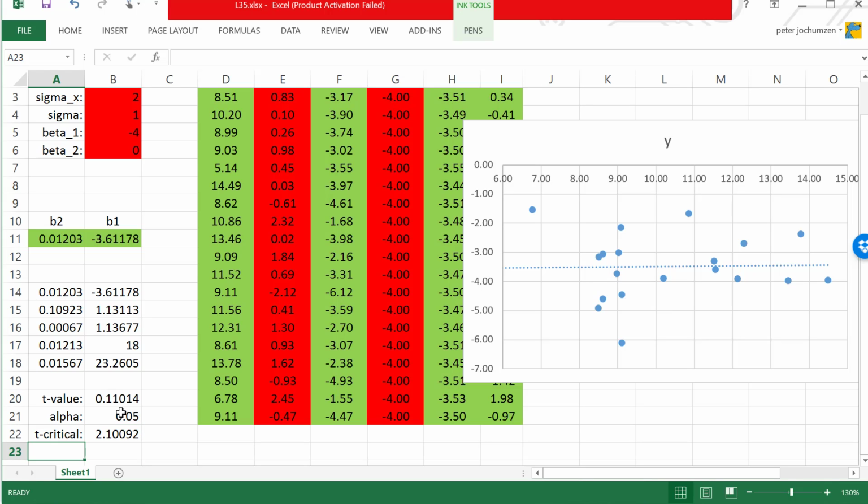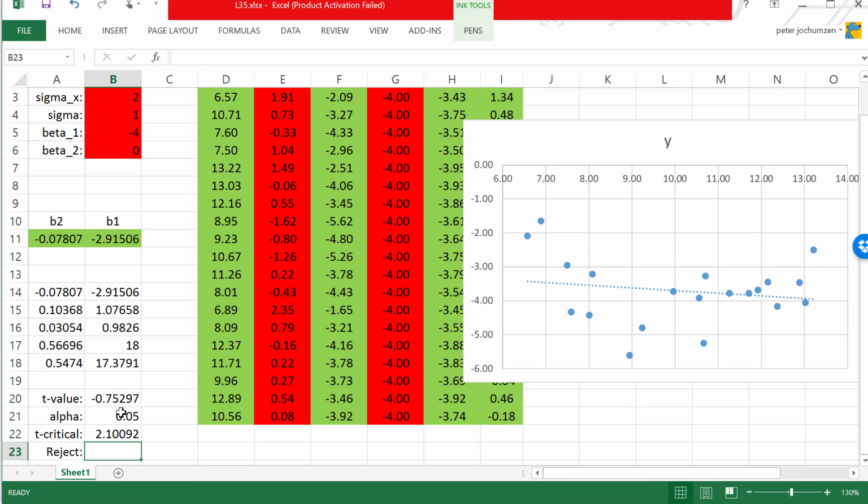So let's just type reject here. And in this cell, I want Excel to write either yes or no, depending on whether we should reject. You can make Excel take these yes/no decisions by using the IF function.